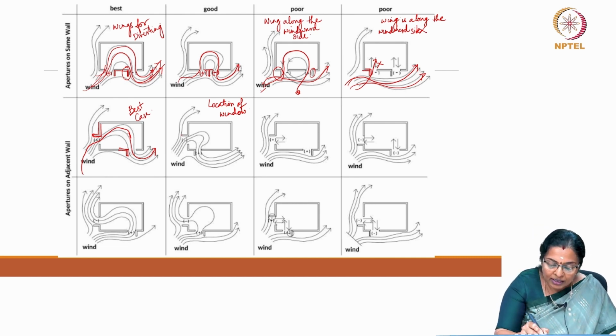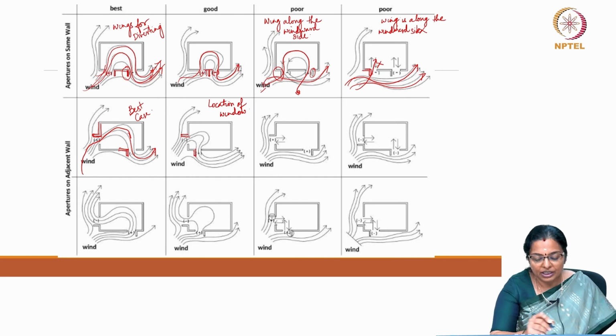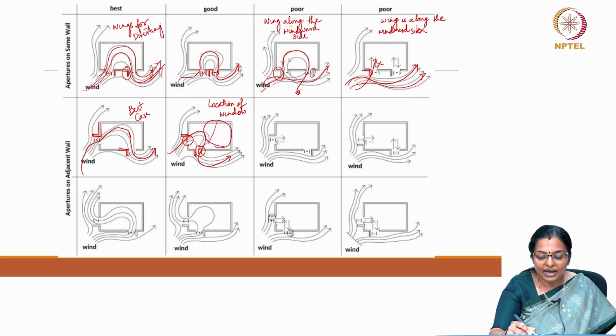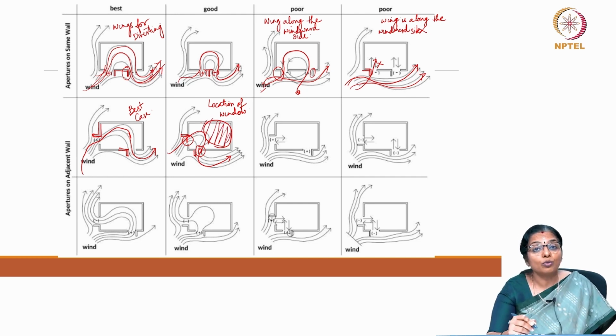If you see here, the wing of the inlet and the wing of the outlet are placed close to each other. So, if the inlet and the outlet are placed close to each other, then ventilation will happen, but a larger part of the room will not have the effect of ventilation. They will not be able to reap the benefit of that ventilation, which is a poor case scenario.